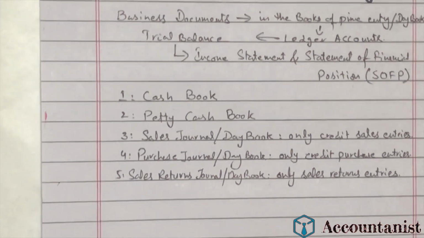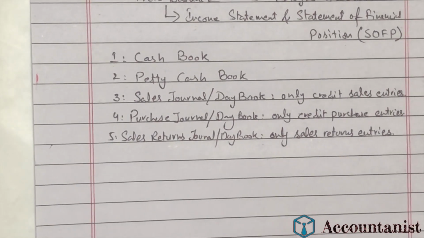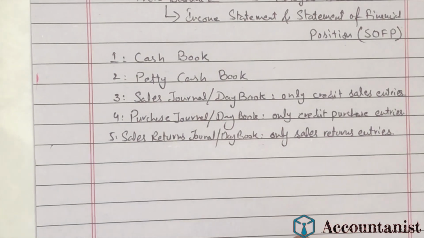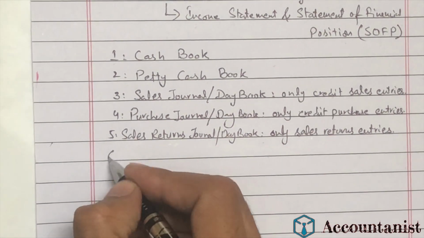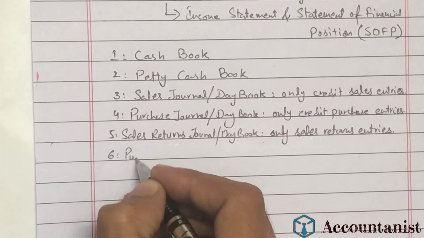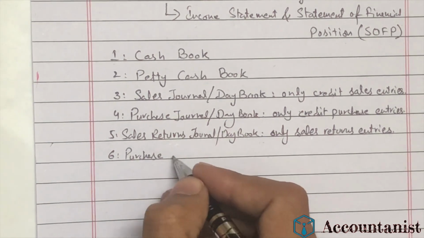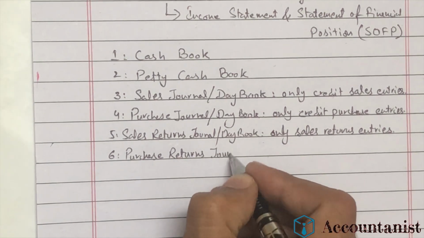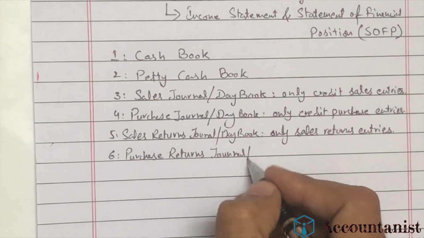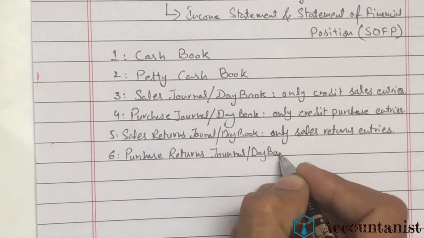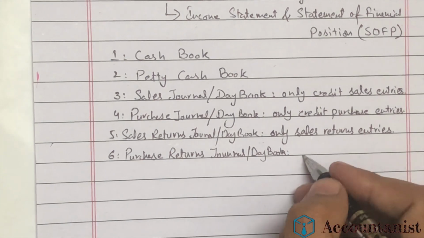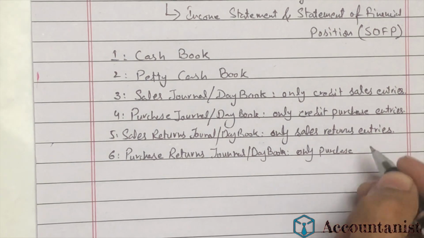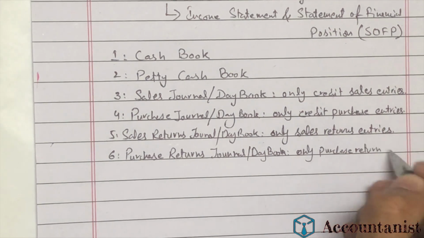The old name of this sales return was return inwards, so in some books they're still using this name. The sixth one is the purchase returns journal or daybook, in which we record only purchase return entries.